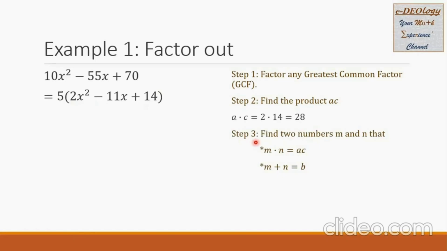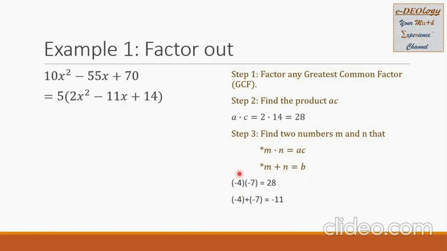In step 3, we're going to find two numbers m and n that when we multiply them, must be equal to 28. But if we add the m and n, it must be equal to the b. And this b is the coefficient of the middle term of the trinomial.